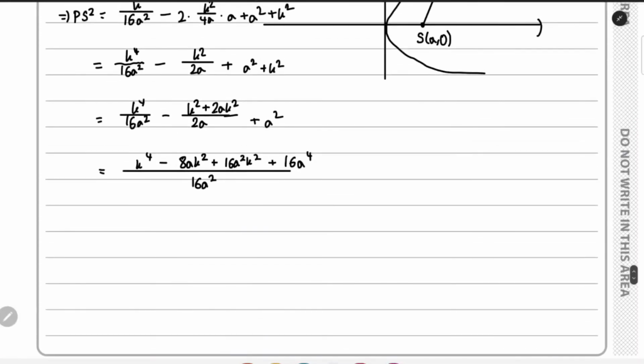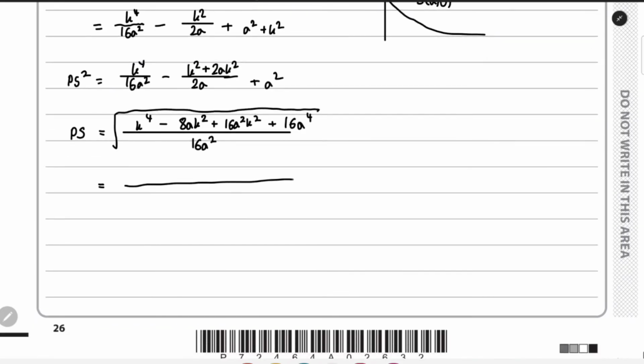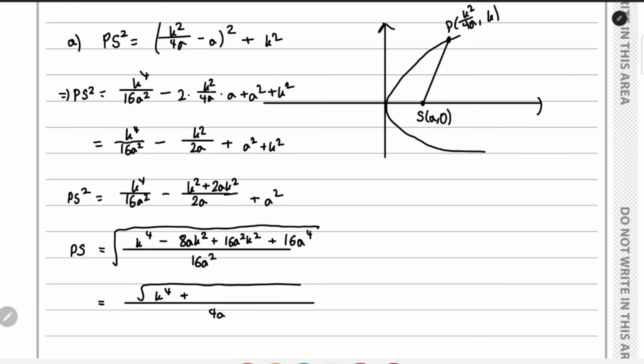Now this was PS square. To get this into PS, we'll have to square root it. Now we can find the square root of the denominator quite easily. This is 4a, and for the numerator it's k to the power 4 minus, we'll have an a over here as well, so this will be 8a square k square.